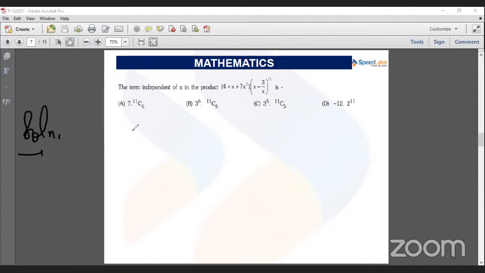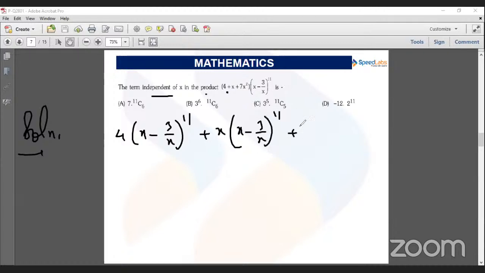Again, you can say the term independent of x in the product would be, if you multiply with each of the terms, we get 4 into x minus 3 by x power 11 plus x into x minus 3 by x power 11 plus 7x square into x minus 3 by x power 11.